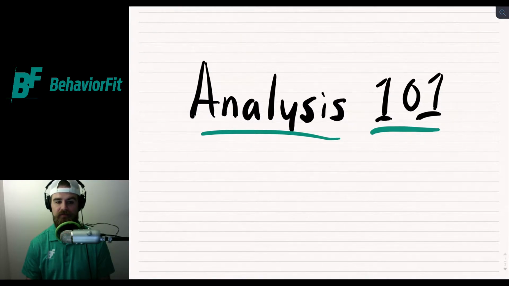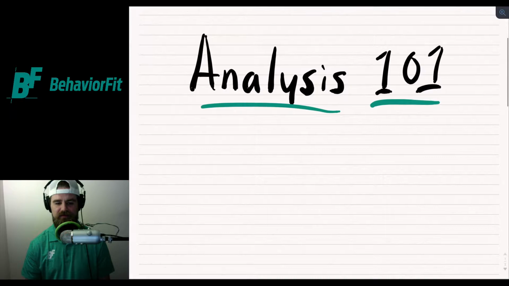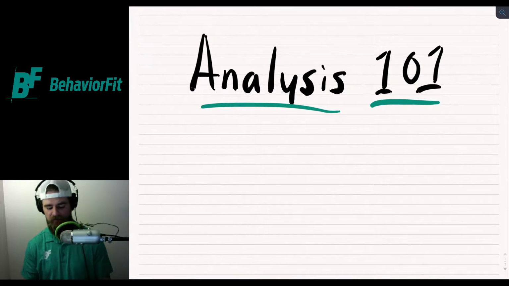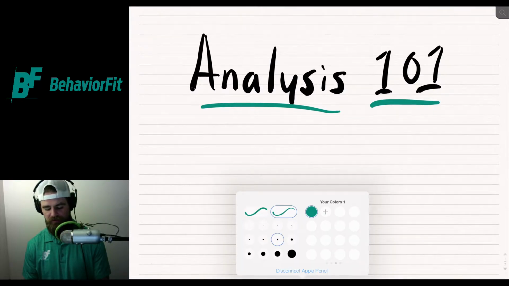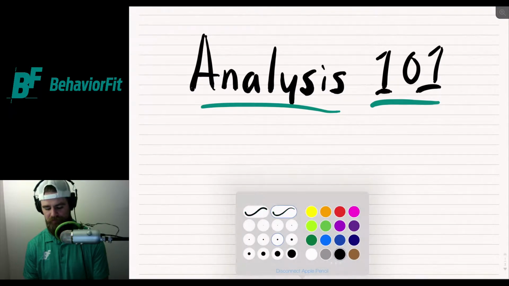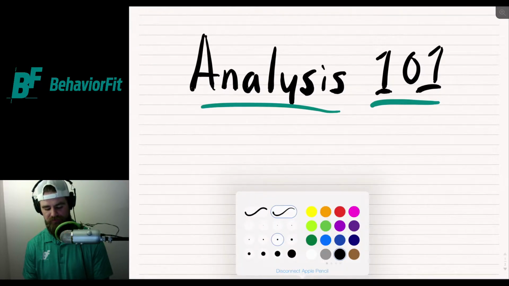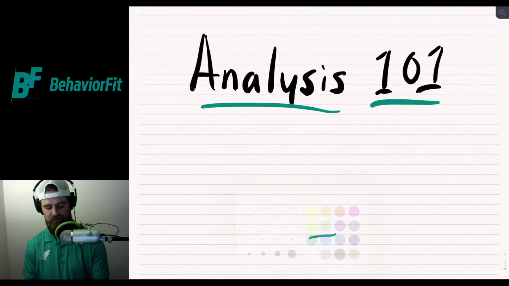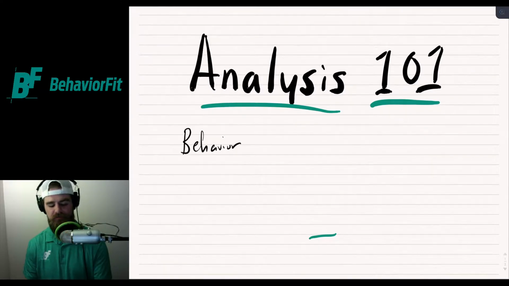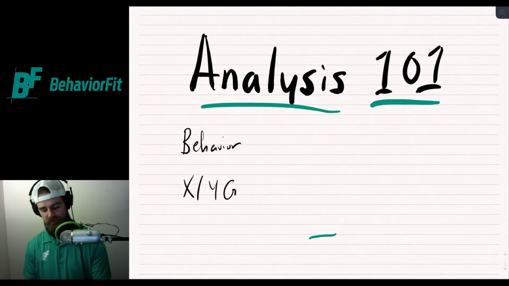So here we go. So now when we talk about analysis, I think there's kind of 5 buckets when we talk about what we're going to be doing when it comes to making these decisions. So first bucket, let me get my black pen here. First bucket, we're talking about behavior, right? We're talking about those observable actions in the environment. We'll talk a little bit about XY graphing.